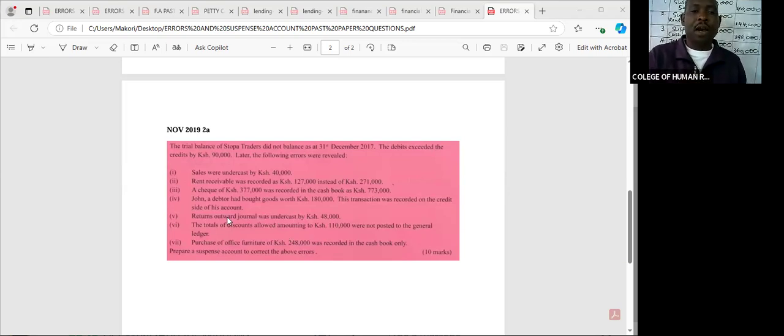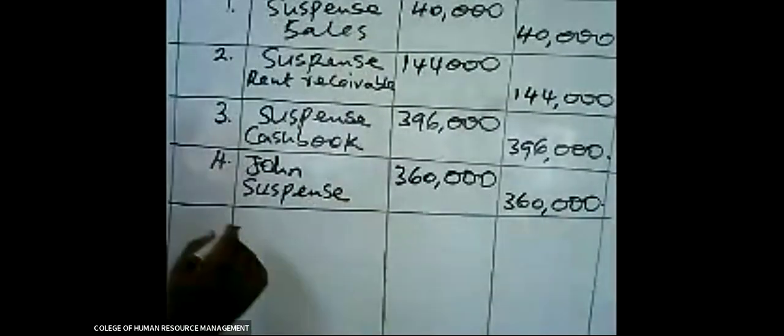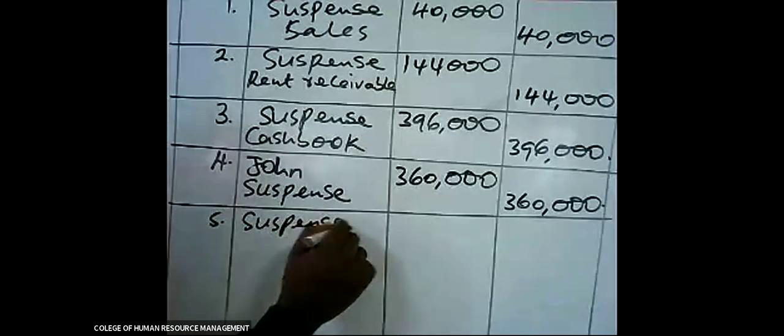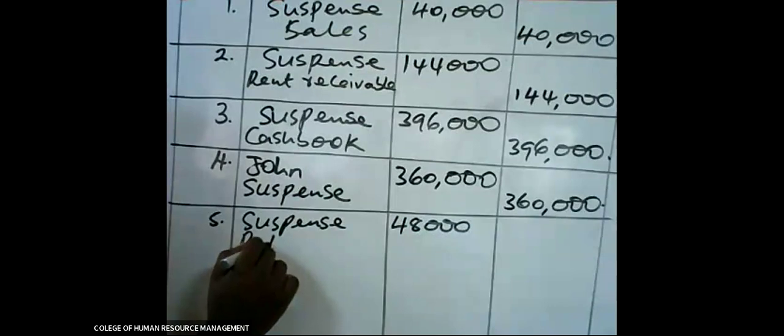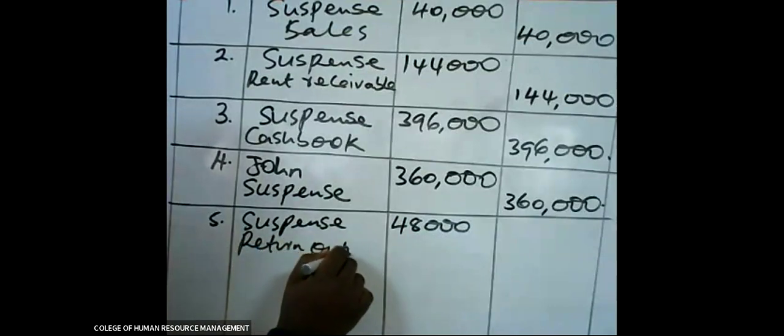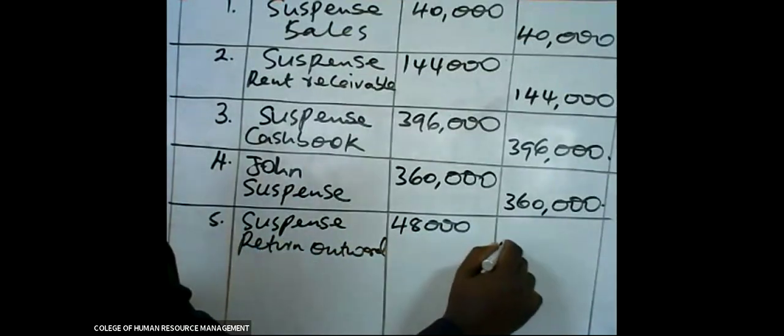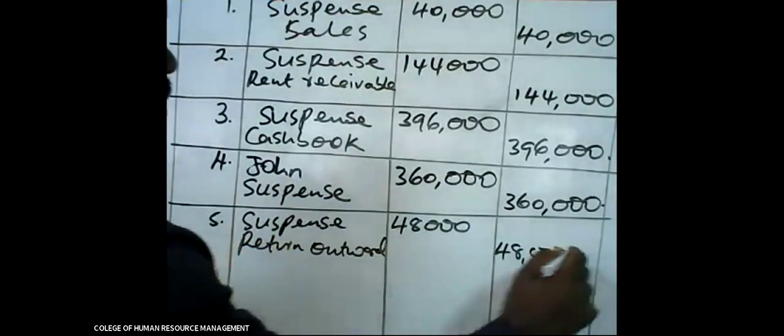So the return outward will be credited by this 48,000. Then we shall debit the suspense account. Then here you credit the return outward, 48,000.